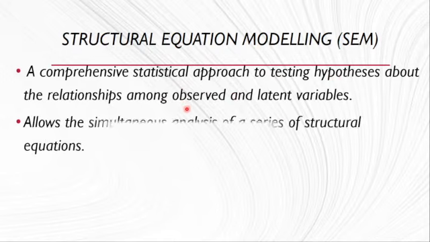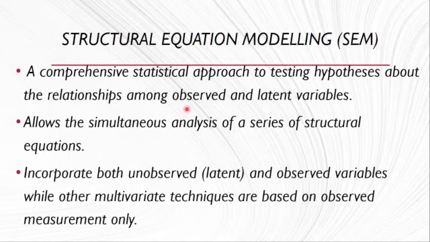So structural equation modeling helps in testing the hypothesis and finding the relationship among these observed and latent variables. It allows the simultaneous analysis of a series of structural equations, which will be shown in the slide. Structural equation modeling incorporates both unobserved and observed variables, while other multivariate techniques, like multiple regression analysis, multivariate analysis of covariance and correlation, are based on observed measurement only.